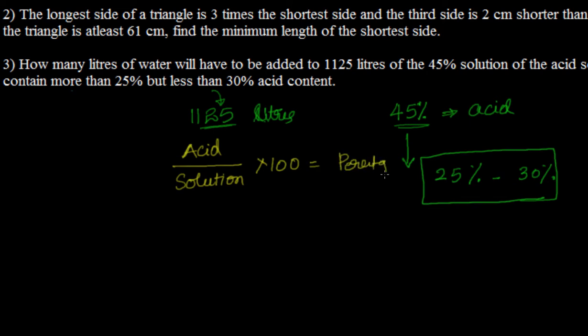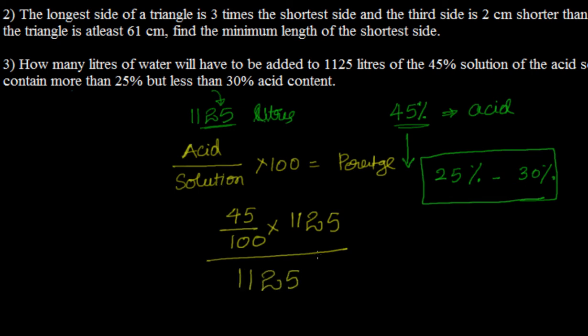Okay, now let's calculate for the existing 1125 liters, where the acid is 45%, that is 45 by 100 into 1125. That will give me how much the acid is, and the solution is 1125.